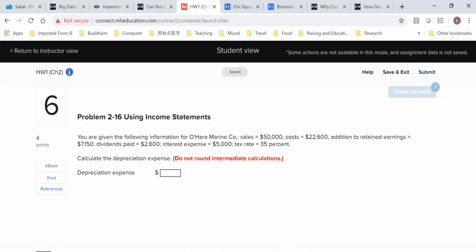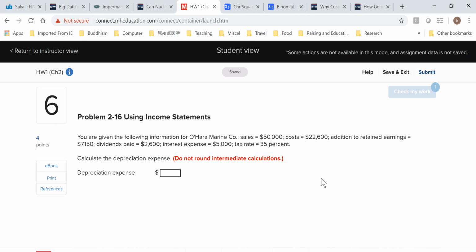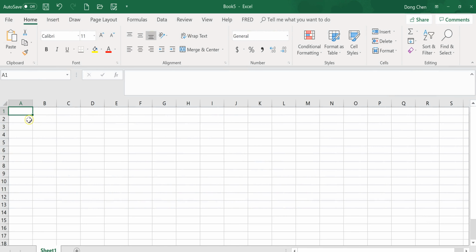So this question is basically examining our familiarity with the structure of an income statement and the basic items on an income statement. So we know that an income statement starts from sales, right?